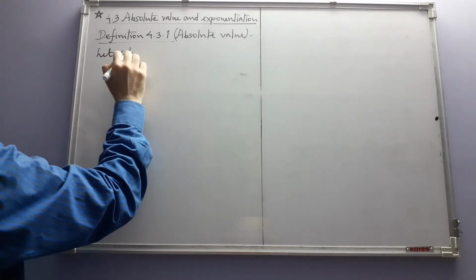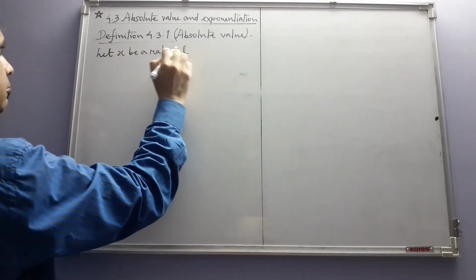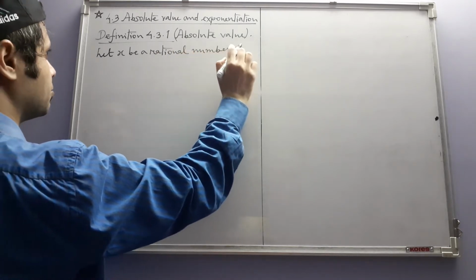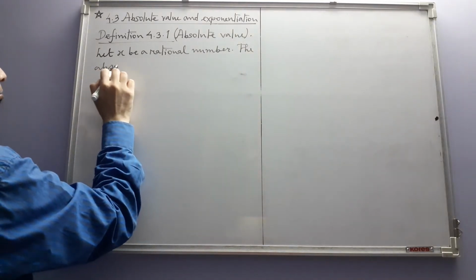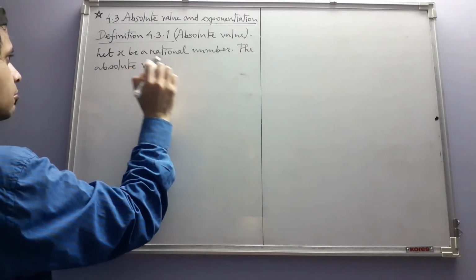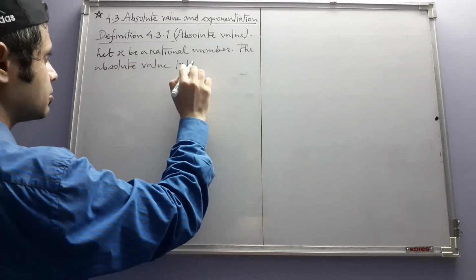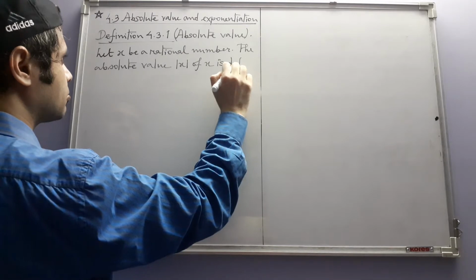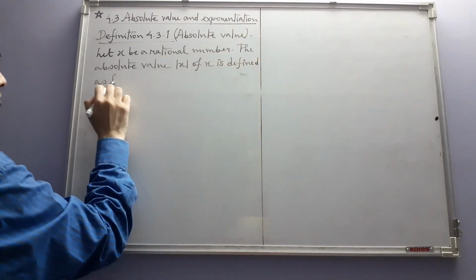Let x be a rational number. The absolute value, denoted like this, of x is defined as follows.